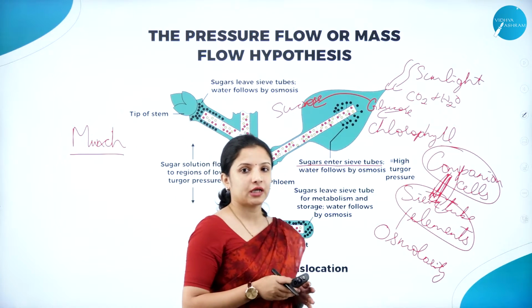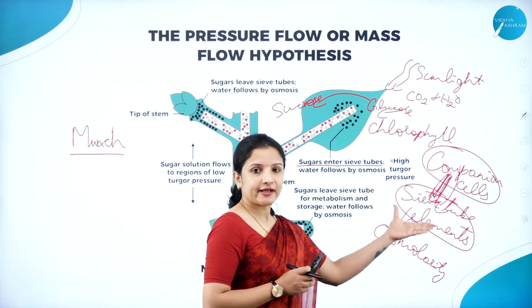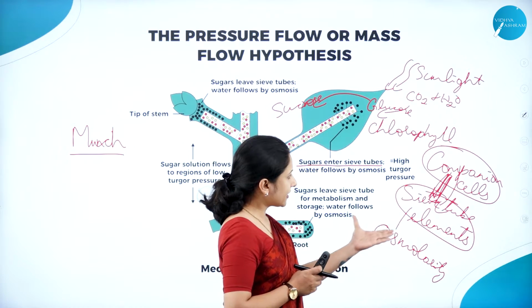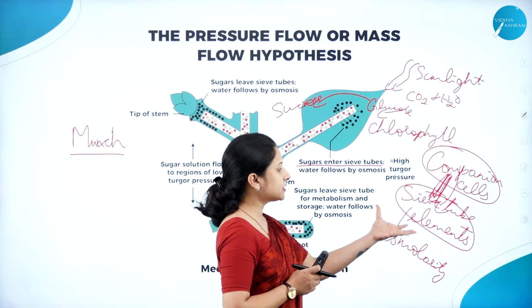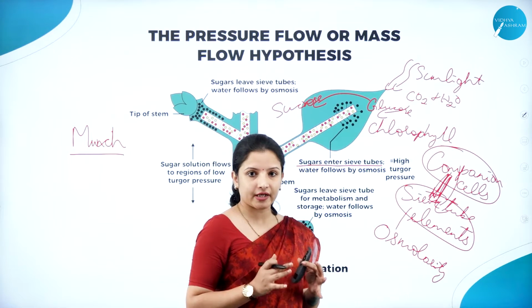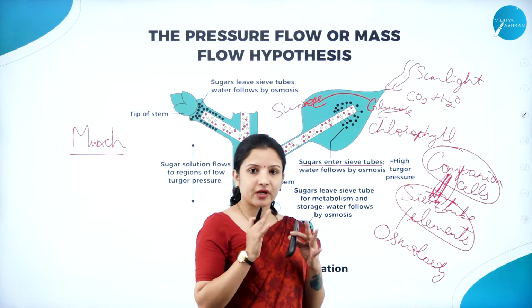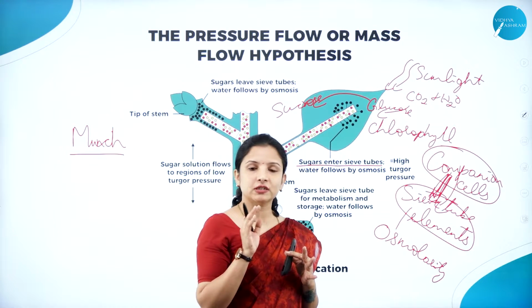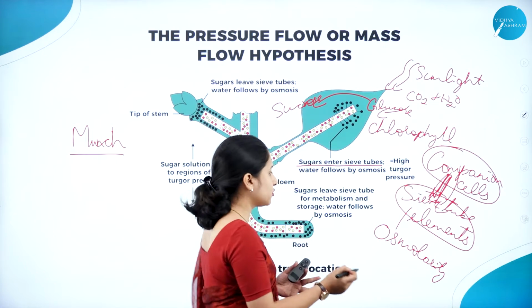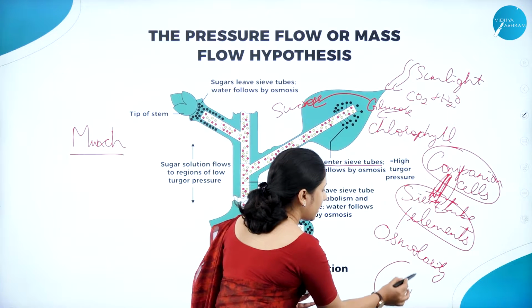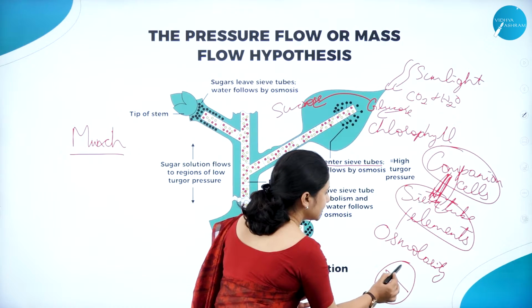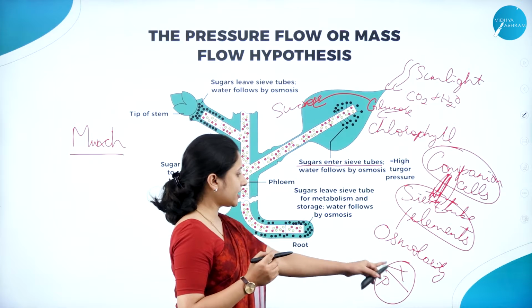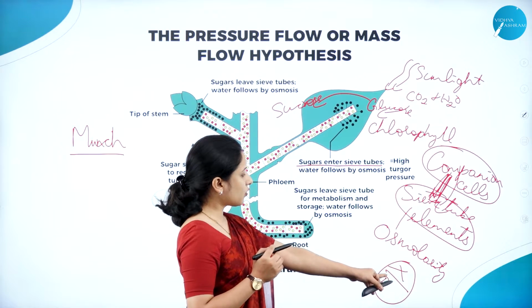So when osmolarity has increased, what happens? It creates a pressure gradient in the neighboring cells. What are the neighboring cells of the phloem? It is the xylem, because we know that in the vascular bundle, phloem as well as xylem will be present, right? Phloem and xylem.